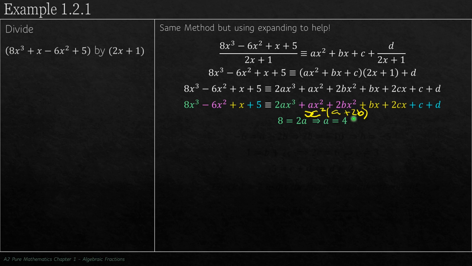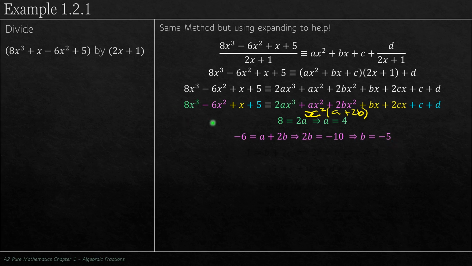So that's what we're doing here. We don't need to worry about the x squared because that's the variable. So then what I've got is minus 6 is equal to a plus 2b. And then because I know that a is equal to 4, I can substitute that in and take it off. Dividing by 2 gives me b is equal to minus 5.